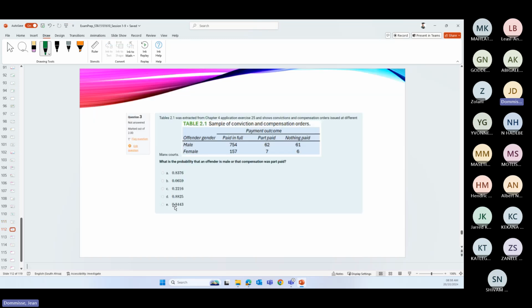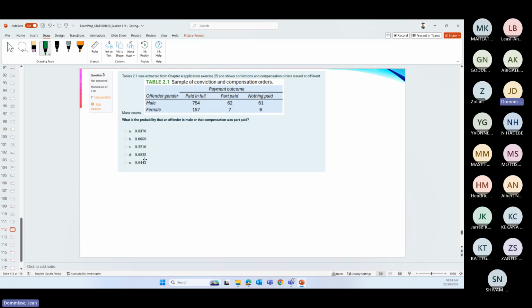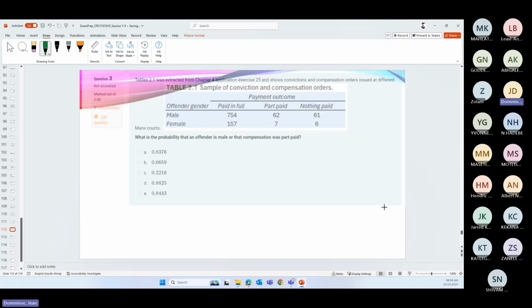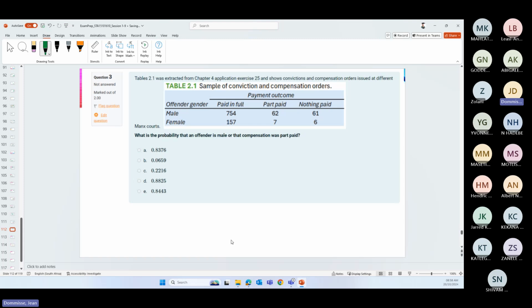So if you have shortcuts that you can work with, use them. If you don't need to work out everything, that's also sometimes a positive, that we don't need to go into much detail. Okay, so let's look at the next one.